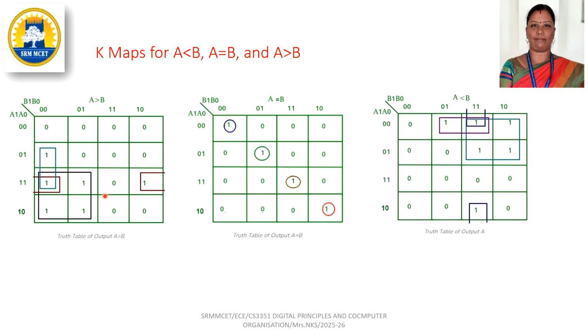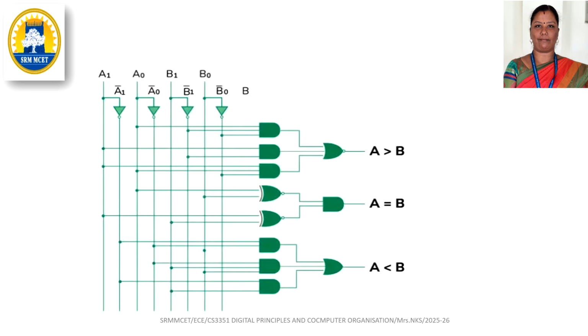Likewise, we construct the K-map for the A equal to B output, and the K-map for the output A less than B. With this, we will get the equations. With the help of the logical equations, we can construct the 2-bit magnitude comparator this way. So this is the circuit of the 2-bit magnitude comparator.